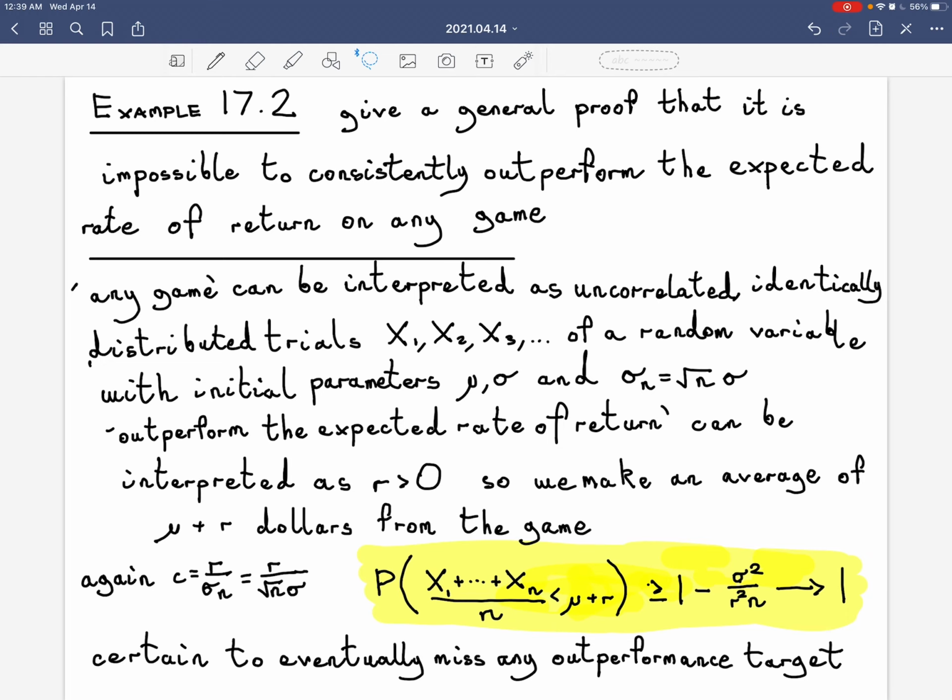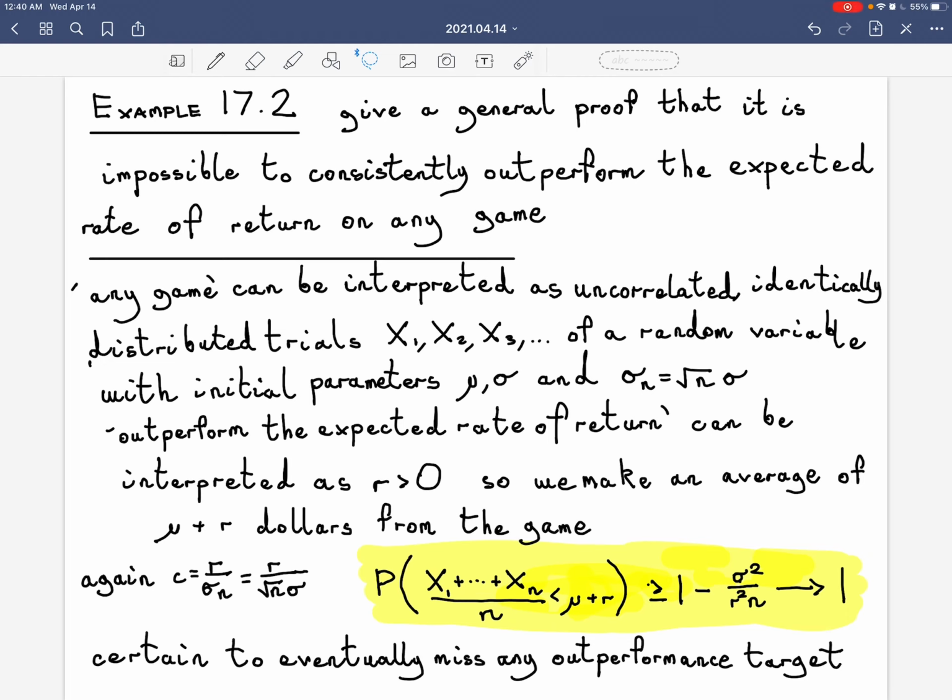So the expected rate of return in a fair game is 0, and outperforming it means a positive return. And in a general game, you can have an expected positive rate of return, or you can have an expected negative rate of return if you have some other incentive to play the game.